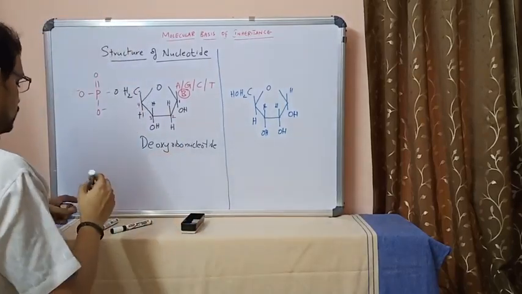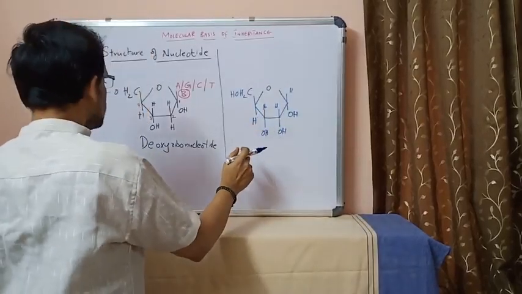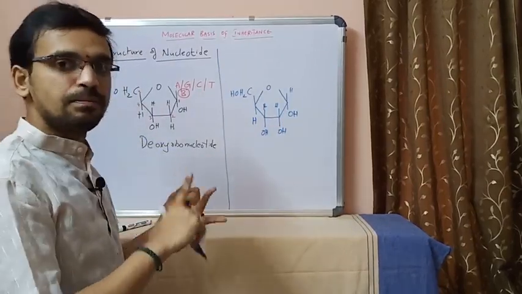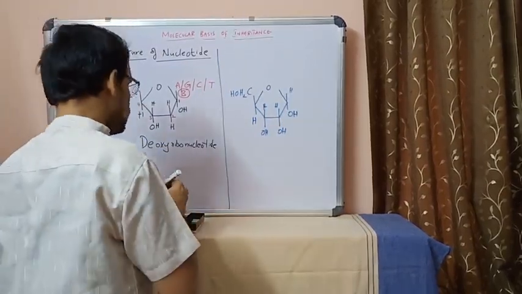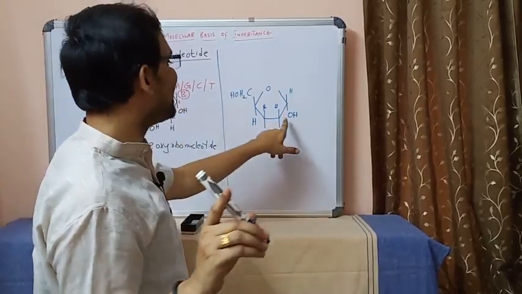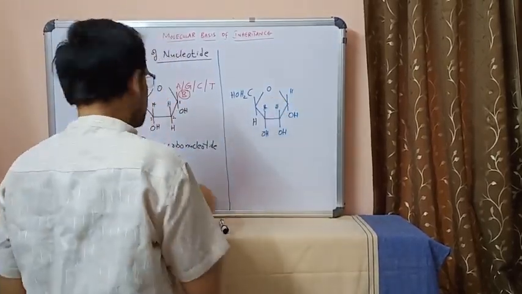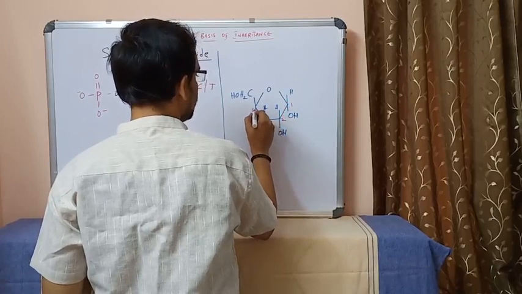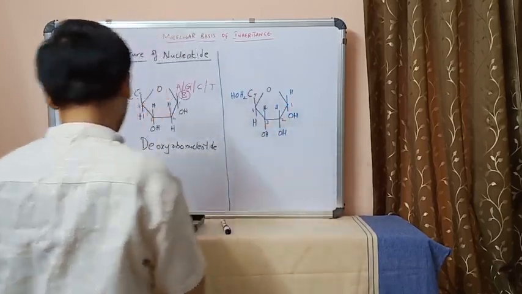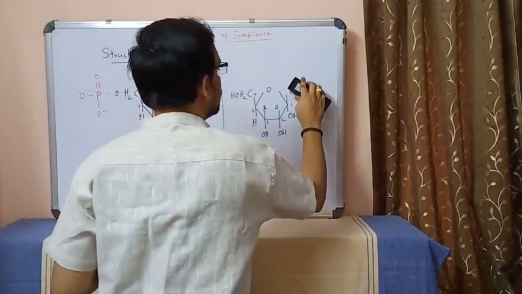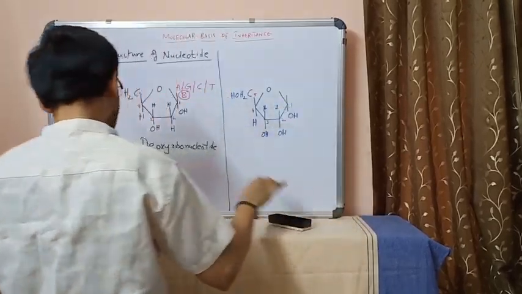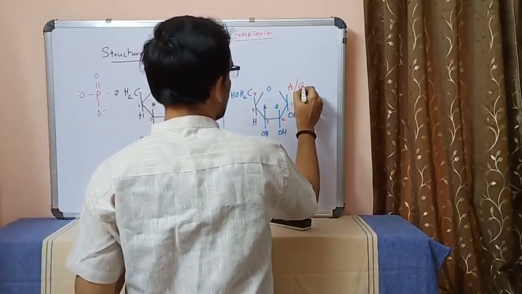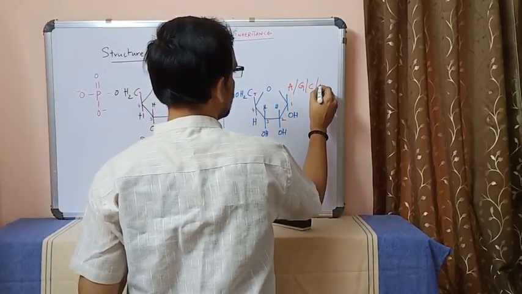Now we are mentioning the structure of ribonucleotide. So sugar, base, phosphate. The base is always linked at the 1st carbon. So this is the 1st carbon, 2nd carbon, 3rd carbon, 4th carbon, 5th carbon. So here the base should be there, that is adenine, guanine, cytosine, uracil.